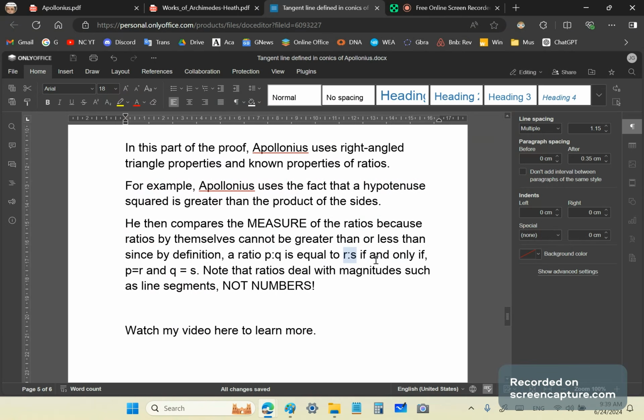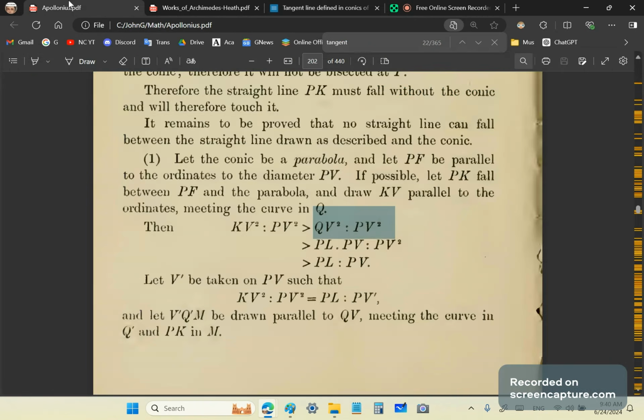It's only equal if P is equal to R and Q is equal to S. Now remember, P, R, Q, and S are not numbers. They're magnitudes, such as line segments. So they can't be greater than or less than, but their measures can. Heath did not know this. That's why he went ahead and wrote it like that. Personally, I would have written it as the measure of these ratios.